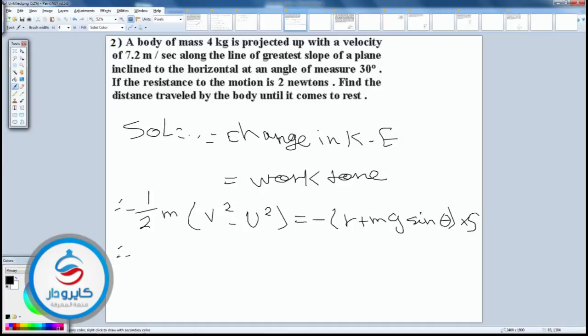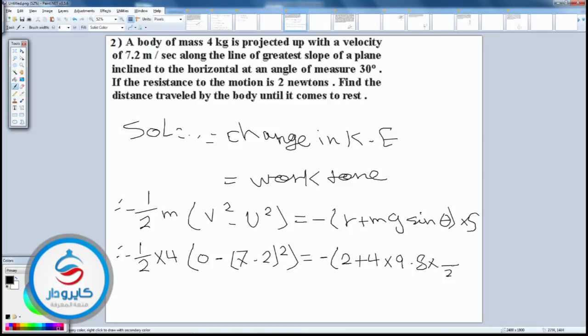Therefore, half by 4 by 0 minus 7.2 power 2 equals negative 2 plus 4 by 9.8 by half by s.